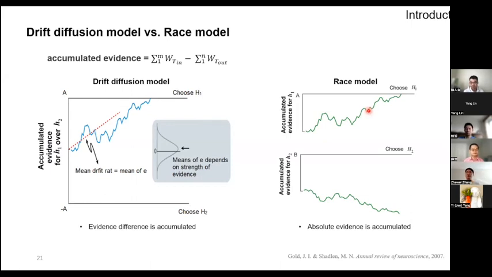These two models are actually totally the same when two options are mutually exclusive. One advantage of our behavior task is that the reward probabilities of two targets can be both very high or very low. In other words, the evidence for two targets are independent in our task, which will allow us to test which model is consistent with what happens in the brain.